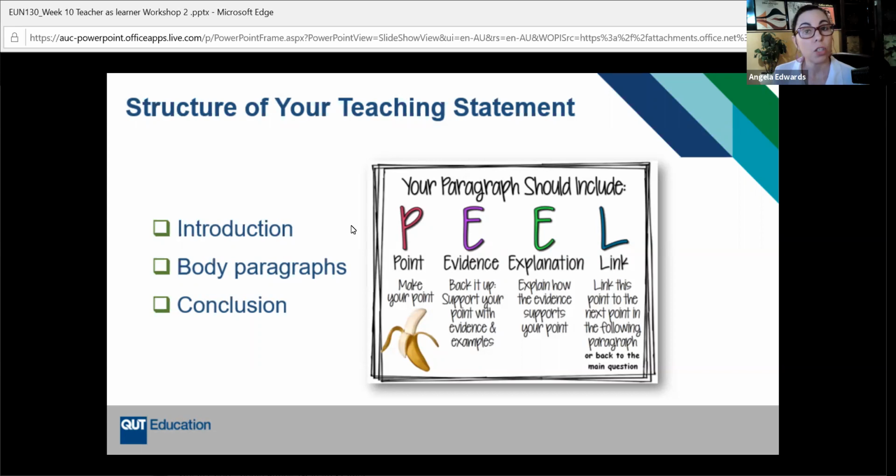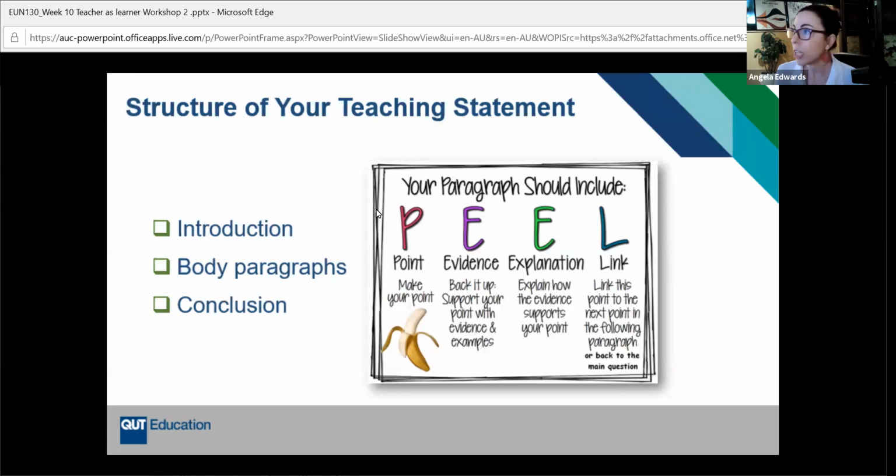So you need to use your words wisely and plan each paragraph with supporting examples from your professional experience. So your final one, obviously, you will use examples of the entirety of your placements. So all placements that you've been involved in.